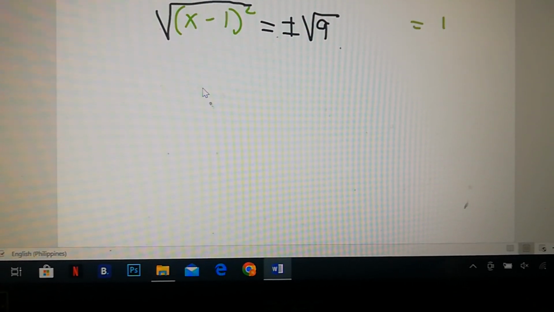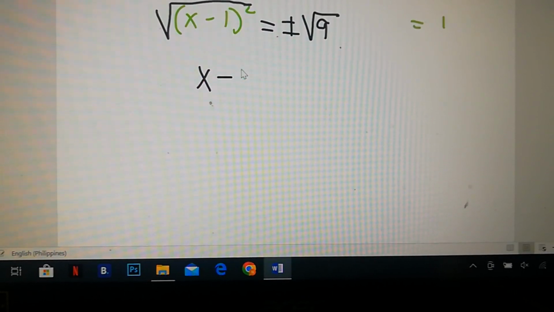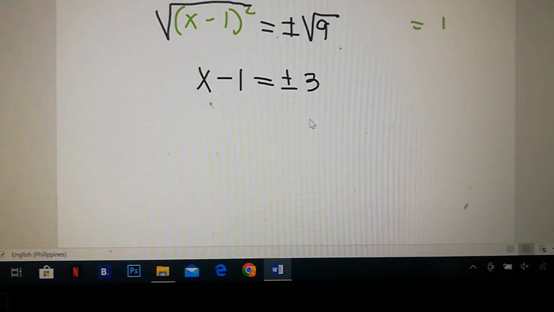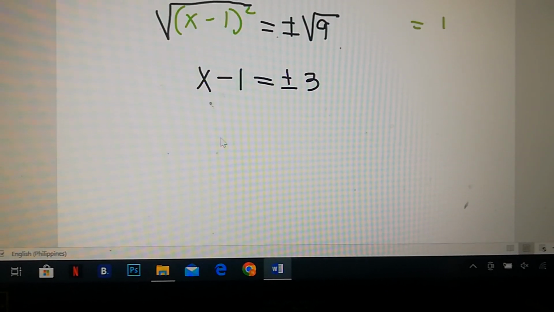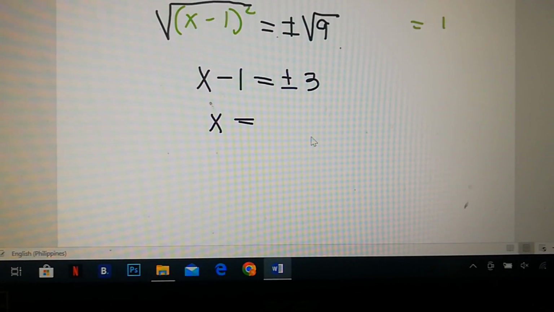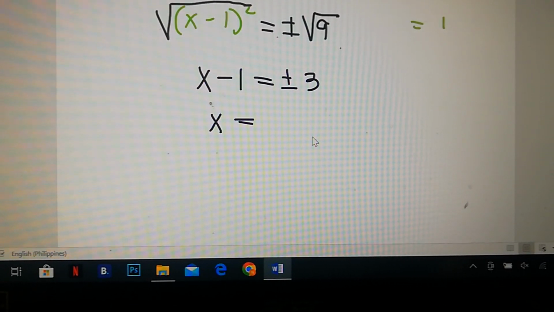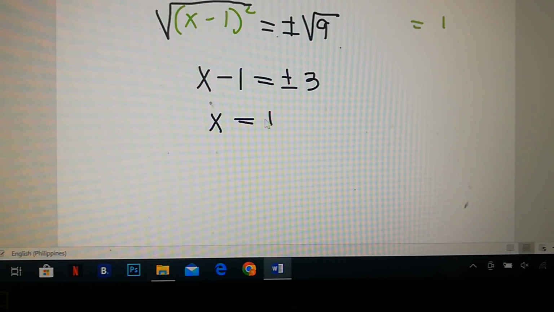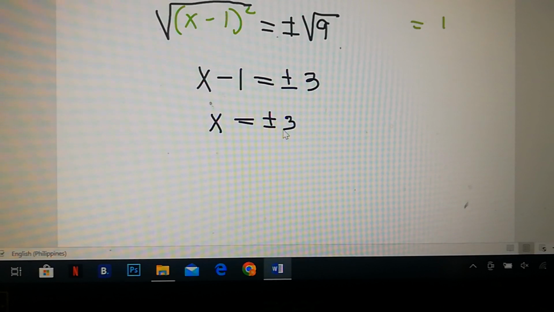The result now is x minus 1 is equal to plus or minus 3. Now we add both sides of the equation by 1. So x minus 1 plus 1 is equal to x, and plus or minus 3 plus 1.